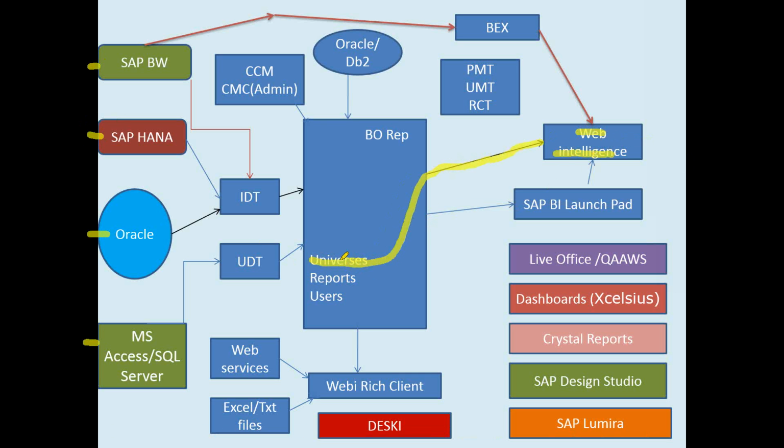So who is going to design the universe? We design the universe using the Universe Design Tool and the Information Design Tool. UDT has been there since the beginning of BO versions. IDT is the new tool, introduced in 4.0.